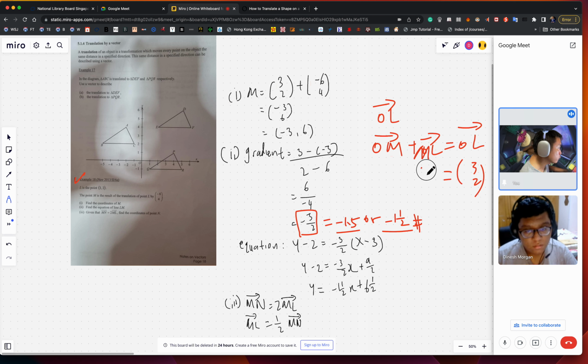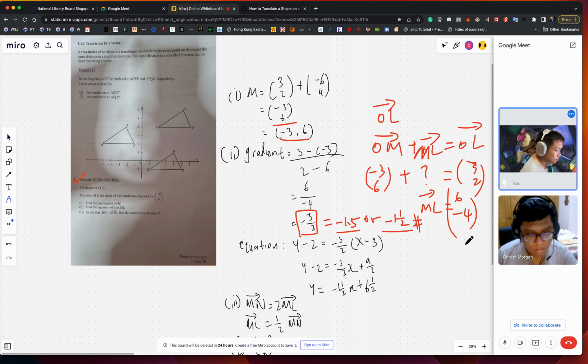Then ML is what you need to find. Then OM is this one, right? (3, 6). So in a way your ML is (-3, -6, -4)... so if you 2 times it, then just 12, then negative 8, right? Yeah.